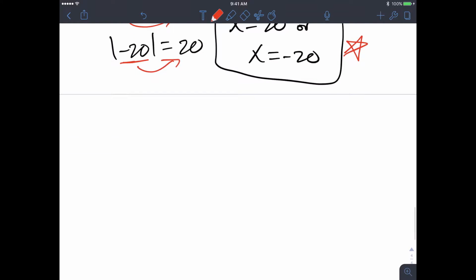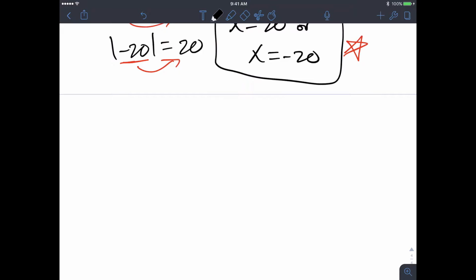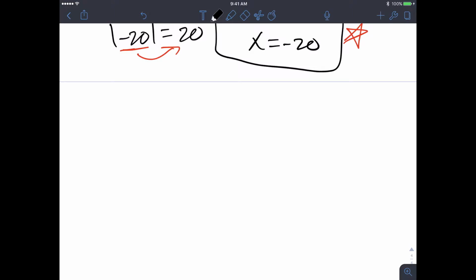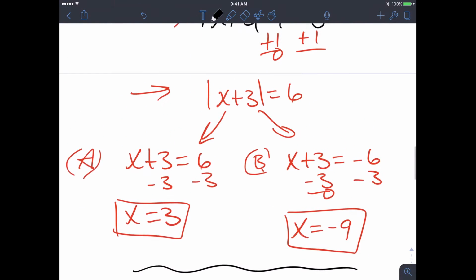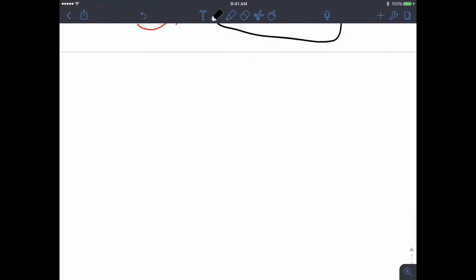And the last type of example that I'm going to do are absolute value inequalities. I'm just going to jump right into a more difficult one so that you guys will know how to do it. So let's do Example 4.